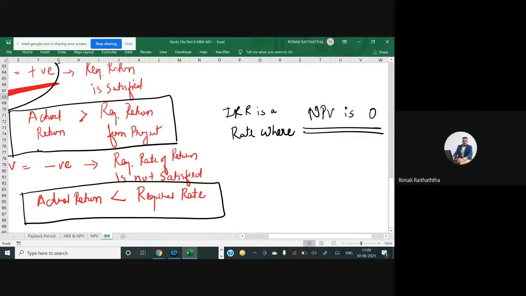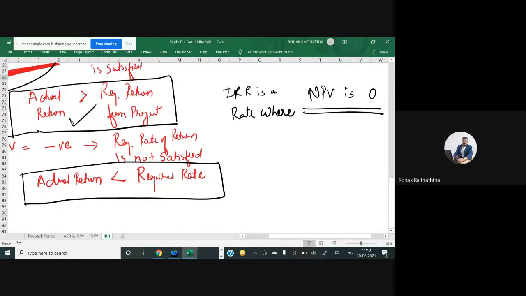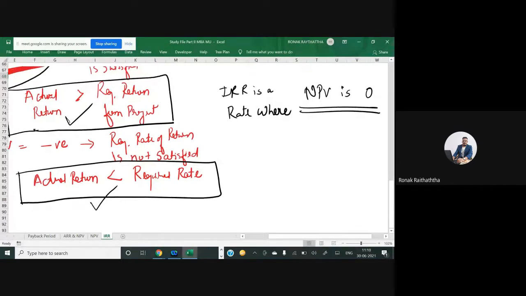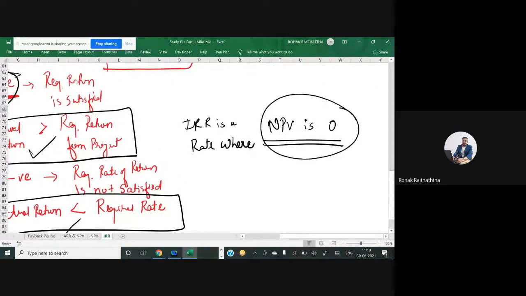NPV positive tells you, I am reiterating that, NPV positive tells you that actual rate of return is higher than required rate of return. NPV negative tells you that actual rate of return is lesser than required rate of return. So I can also conclude it like, if NPV is 0, in whatever the cash inflows and outflows are given to me, so IRR is a rate where NPV becomes 0.